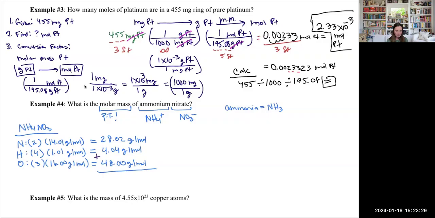So 48.00 plus 4.04 plus 28.02, and that gives us 80.06 grams per mole, which has a conversion factor, 80.06 grams of ammonium nitrate, NH4NO3, for every 1 mole of ammonium nitrate. And that is how we would write it as a conversion factor.